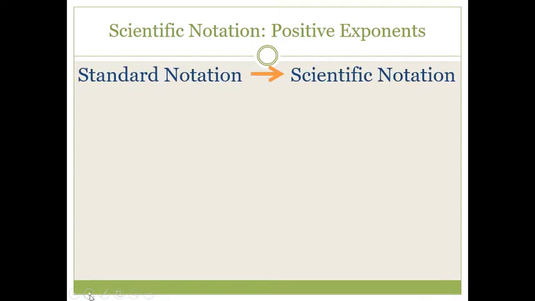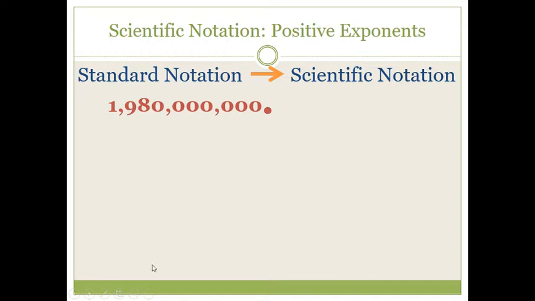All right, so standard notation to scientific notation. Let's take a really large number like this: 1,980,000,000. Let's change that to scientific notation. Remember, our goal is to write it as a number between 1 and 10 multiplied by some power of 10.